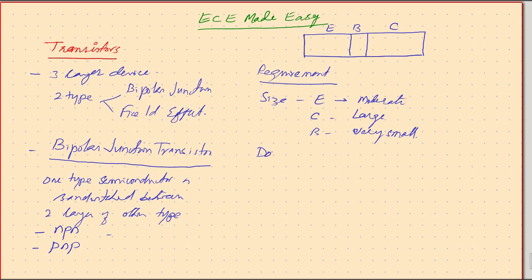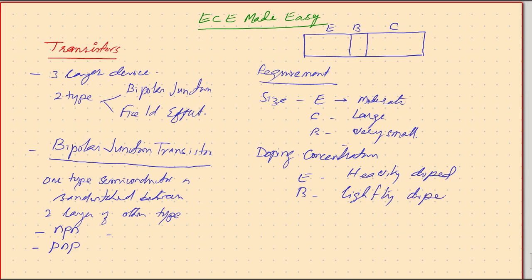Second thing is the amount of impurities added to these layers. That is what you can say the doping concentration. The emitter is heavily doped, base very lightly doped, and the collector is moderately doped.